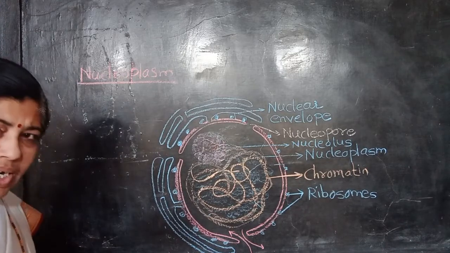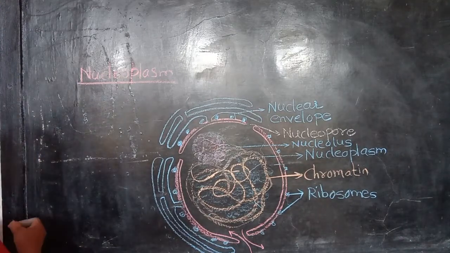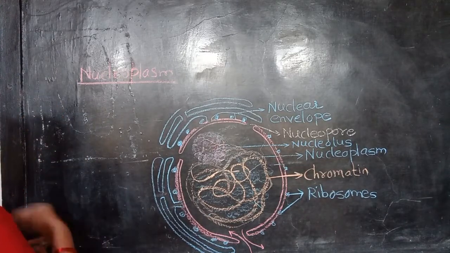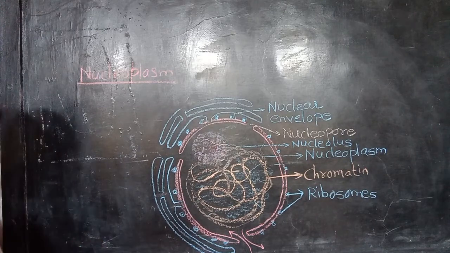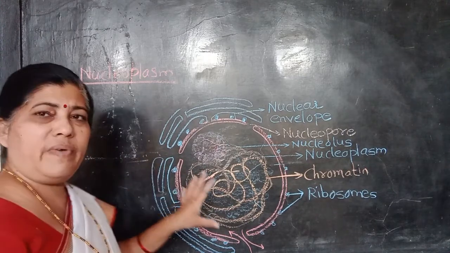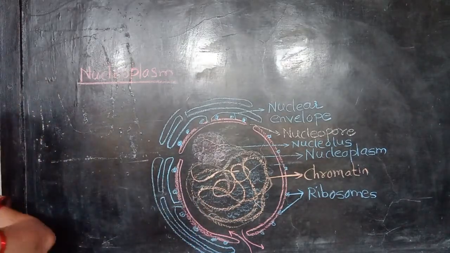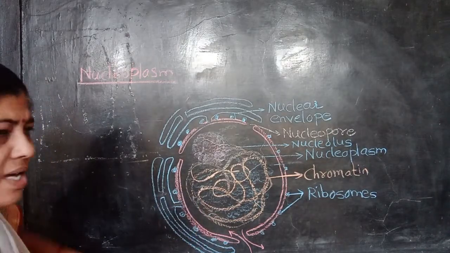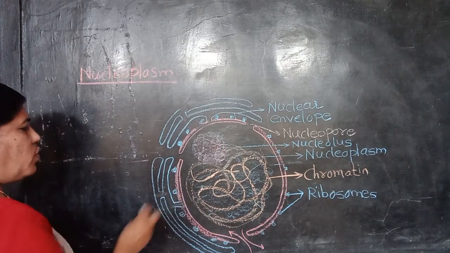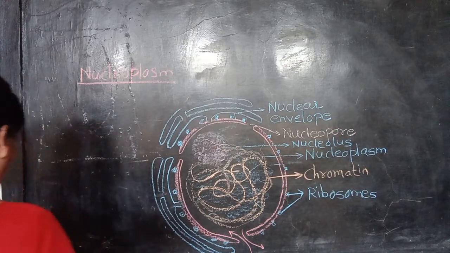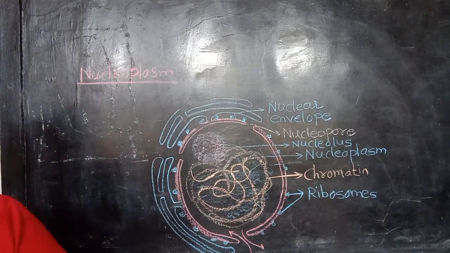But when that cell undergoes division, that is mitosis or meiosis, any division, the chromatin material condenses and formation of chromosomes takes place.